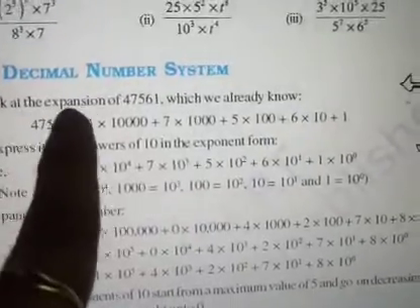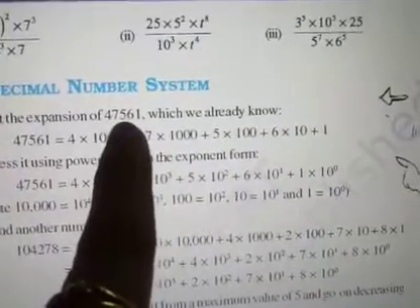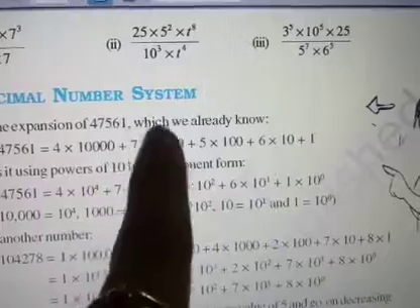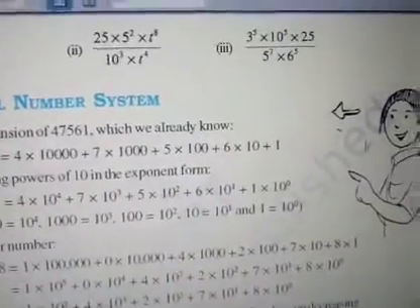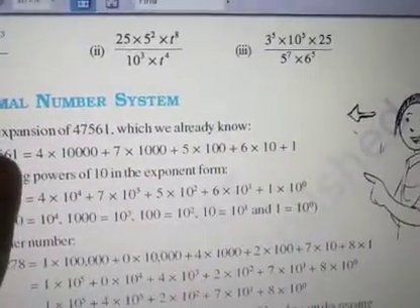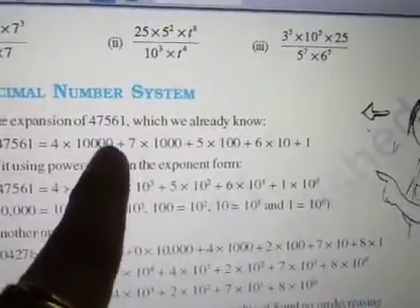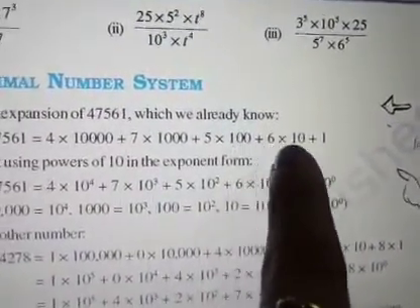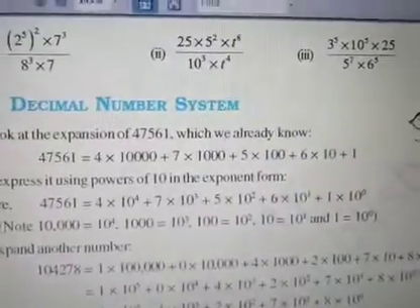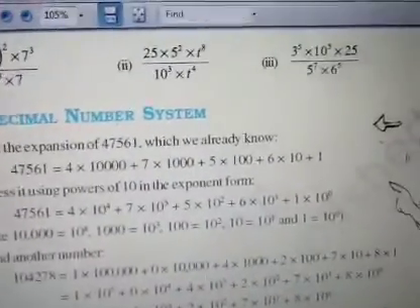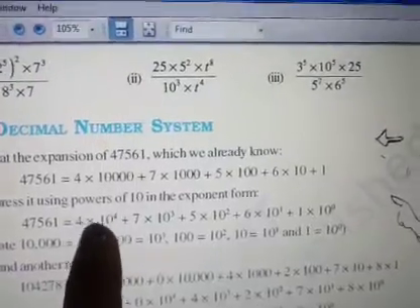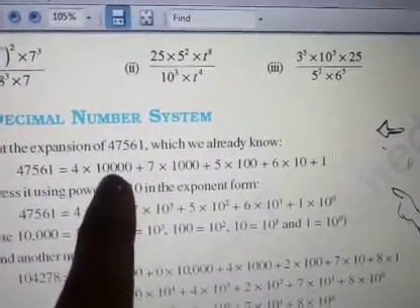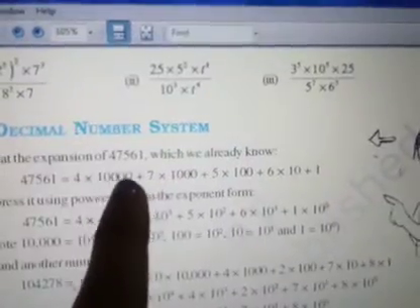Let us look at the expansion of 47,561. We already know how we will expand it: 4 into 10,000 plus 7 into 1000 plus 5 into 100 plus 6 into 10 plus 1. What next, what step should you do? 4 into 10 power 4, because how many zeros are there? 1, 2, 3, 4.